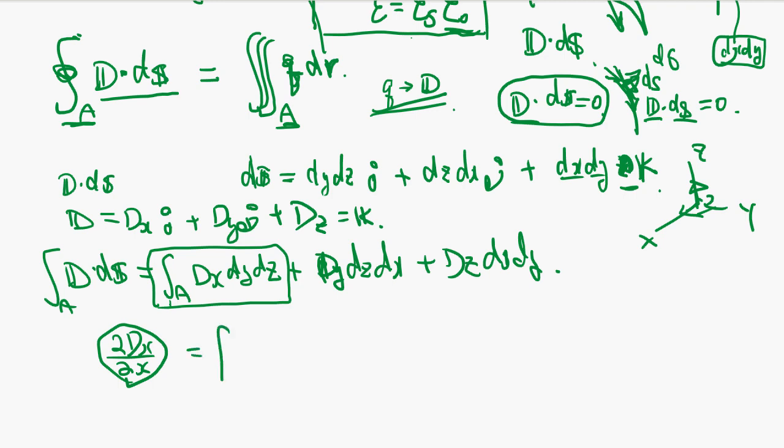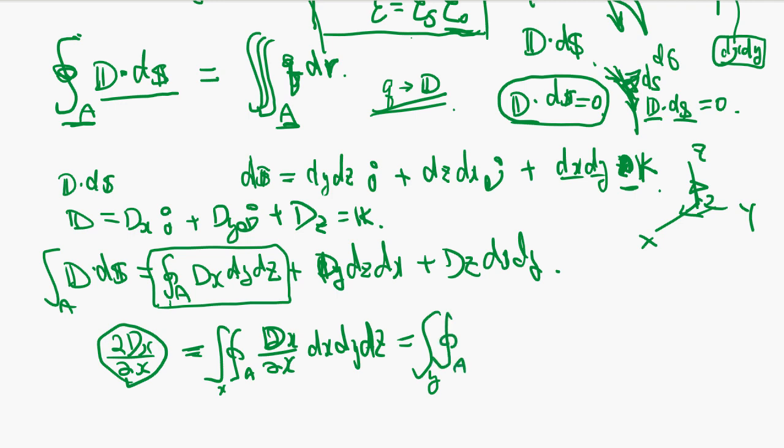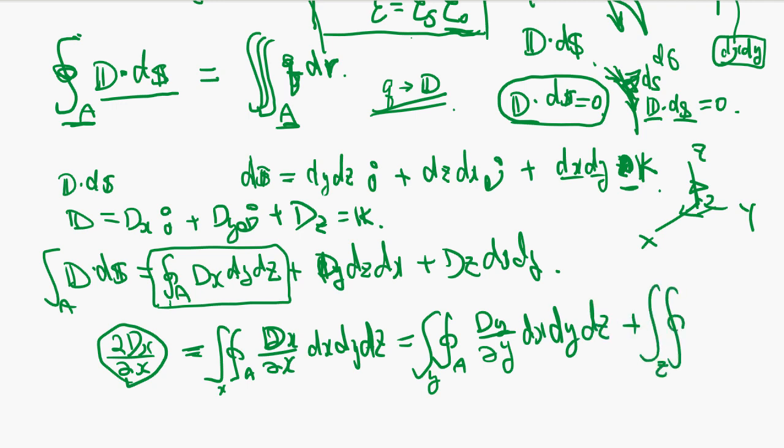So what you do is, this is the enclosed surface, and in this x direction we integrate the derivative of Dx, then dx dy dz, and you do the same thing, integrate along y, the derivative of Dy, dx dy dz, and plus the derivative of Dz, dx dy dz.